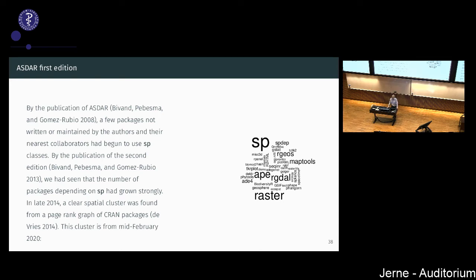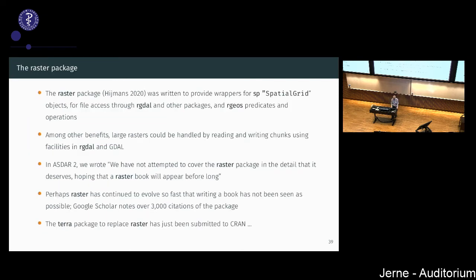Then you see that ape, which is phylogenetics, interconnects with many of these packages. sf is not in this yet because it's relatively fresh, 2016, 2017, and is a re-implementation of many of the things that we've already been doing. The raster package is also there.